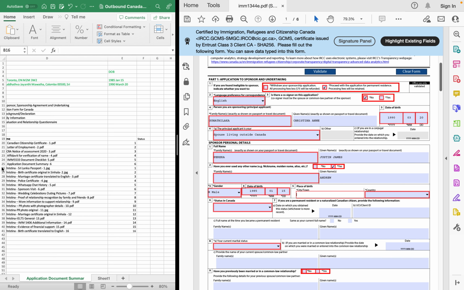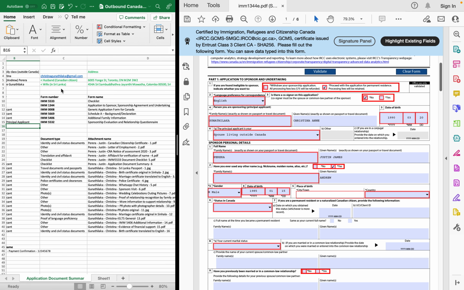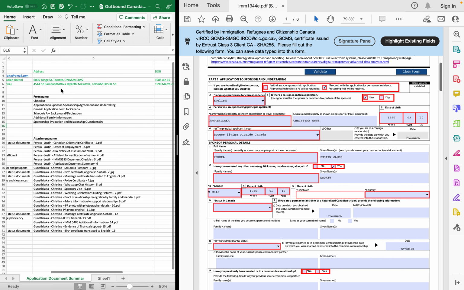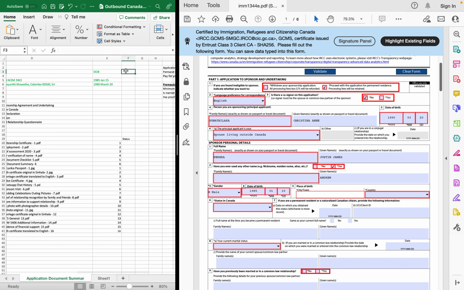Now let's assume this person was born in a different country. Let's assume this person was born in Colombo, Sri Lanka. Both are born in Colombo, Sri Lanka.